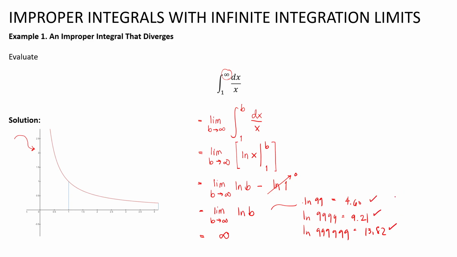Since our limit of b is approaching infinity, it is never ending, so the number will get even bigger, right? That's why the answer is infinity. And since this is infinity, it is diverging. It diverges. So that's for number 1.